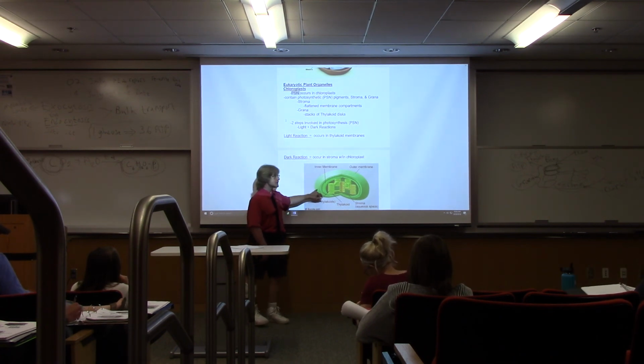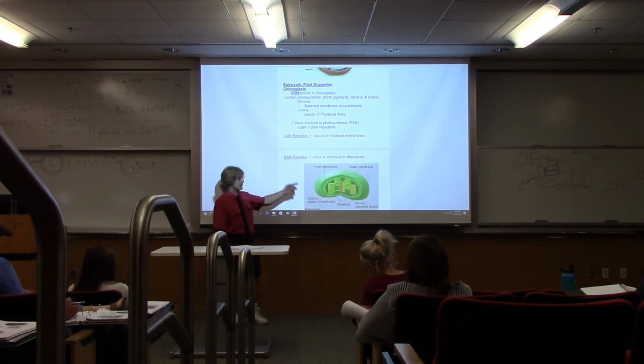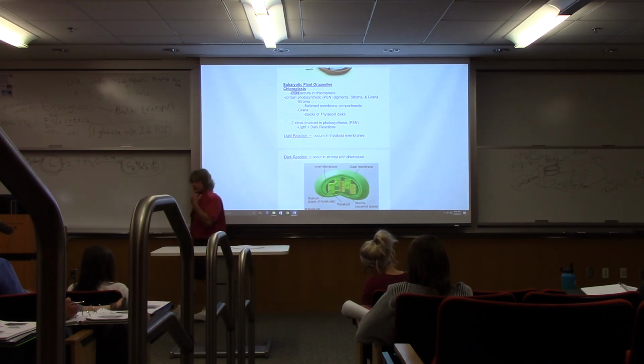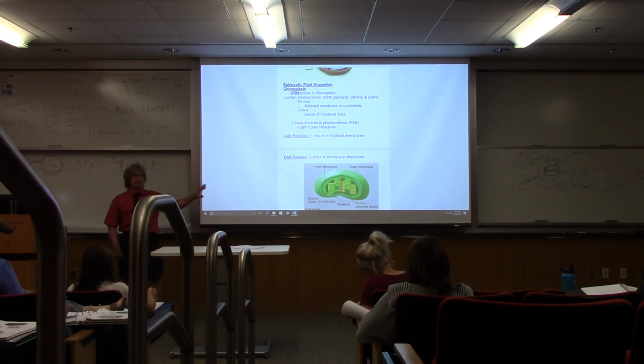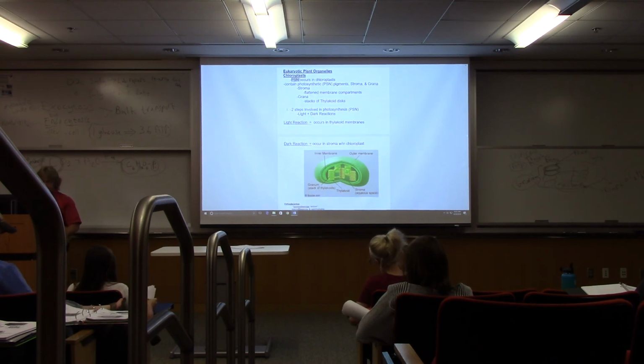And again, it's a double membranous organelle, just like we've seen with the mitochondria. So you're establishing many different gradients, as you'll see in aerobic respiration and photosynthesis.